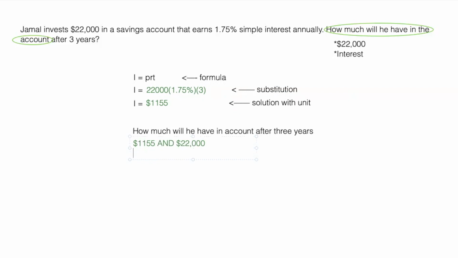That we need to add. There we go. Bingo. Sometimes when we're finding a total, we multiply. Sometimes when we're finding a total, we add. If we just have two little lumps of money that we want to put together, we're just going to add them. Nice job. So $23,155. Beautiful. Great job, Channing.